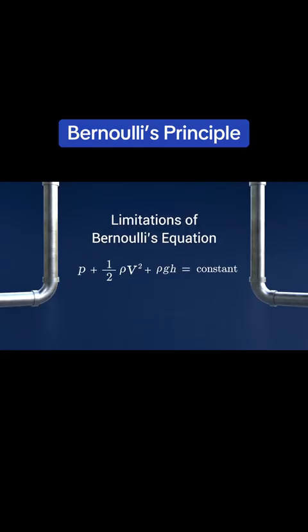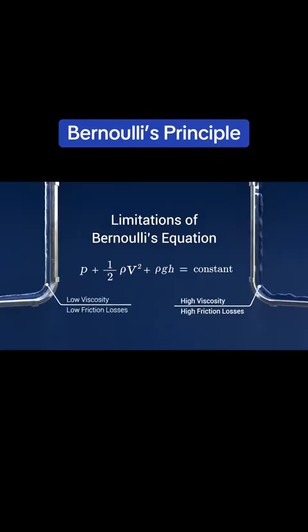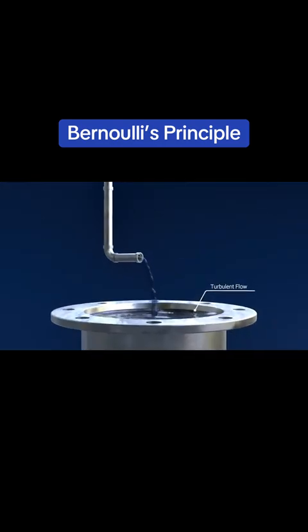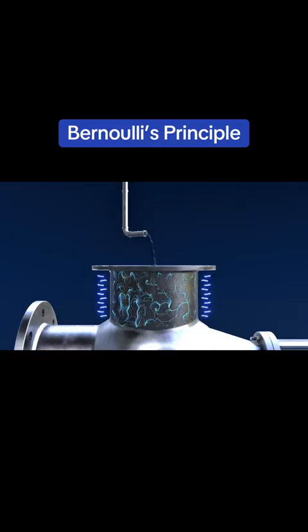Limitations of Bernoulli's equation. Although Bernoulli's equation is extremely useful, it is important to understand where it breaks down and where it has limits. If viscosity is significant, mechanical energy is dissipated as heat and friction losses must be included. In turbulent flows, additional energy dissipation occurs through velocity fluctuations and eddies.